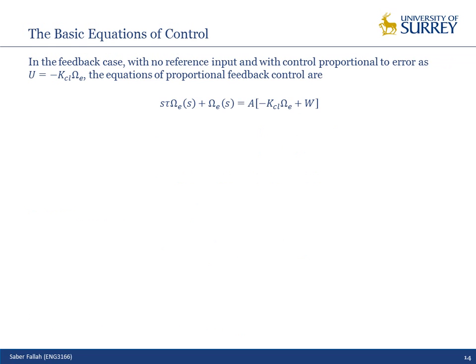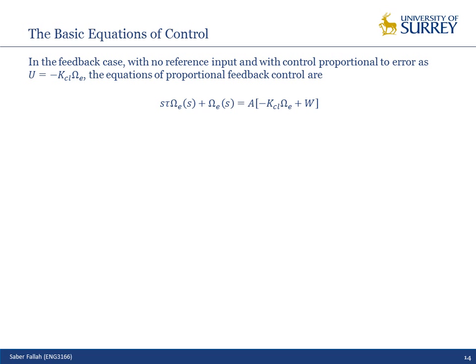If I have a closed loop system and I assume just a constant proportional gain, U equals minus K closed loop omega E, I assume this is correct. We will talk about how to design K and the control feedback in the next lecture.